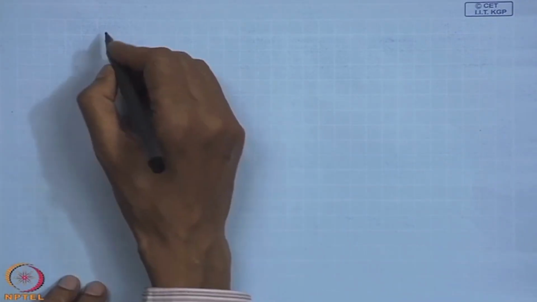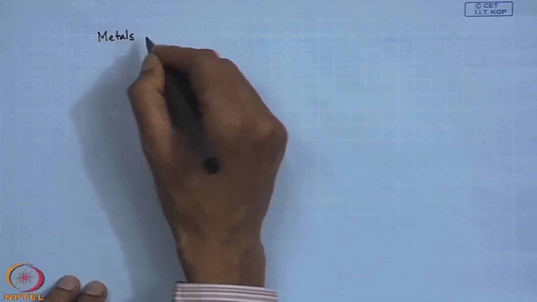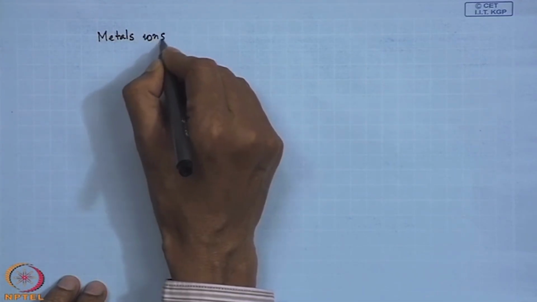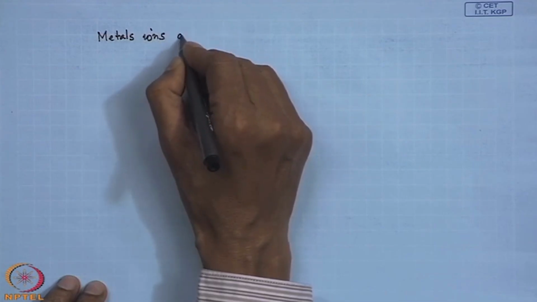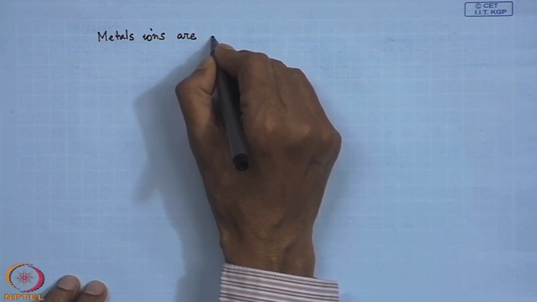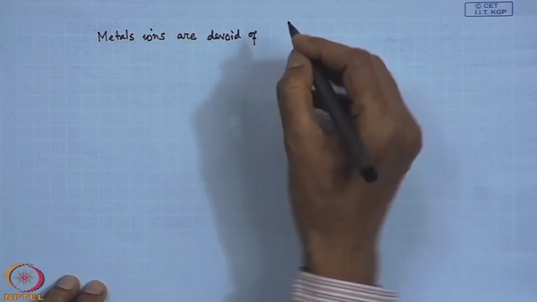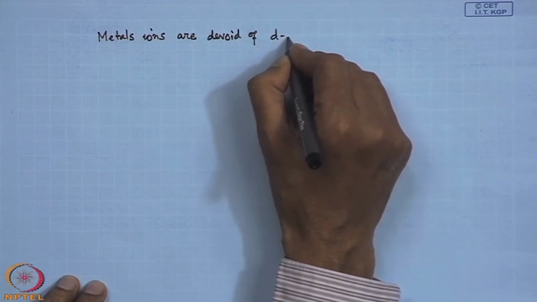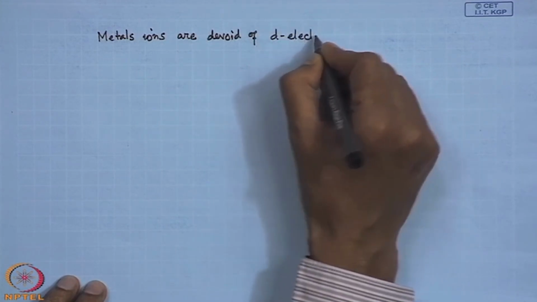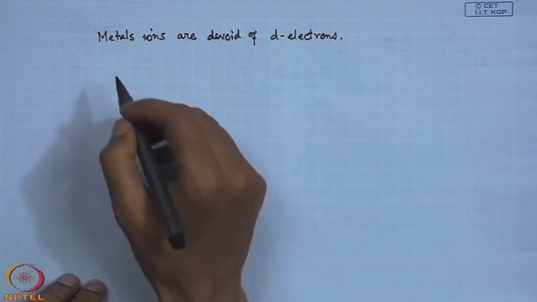These metal ions are devoid of d electrons.